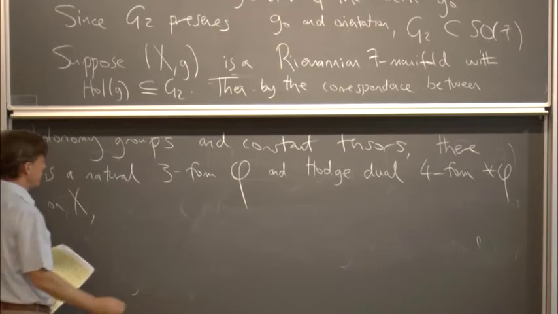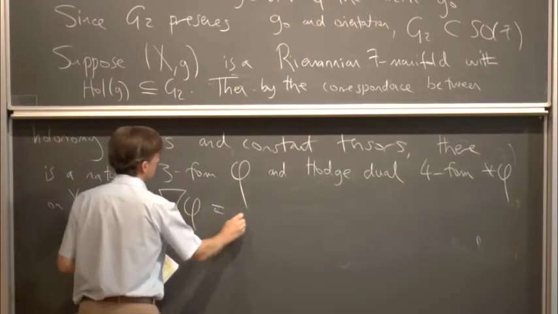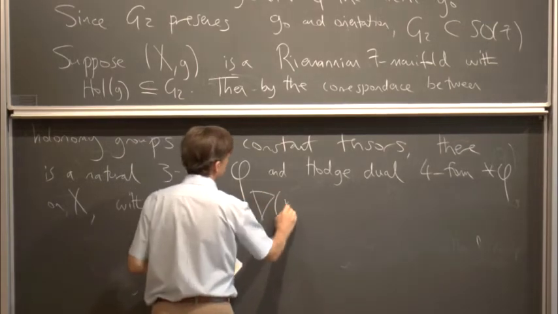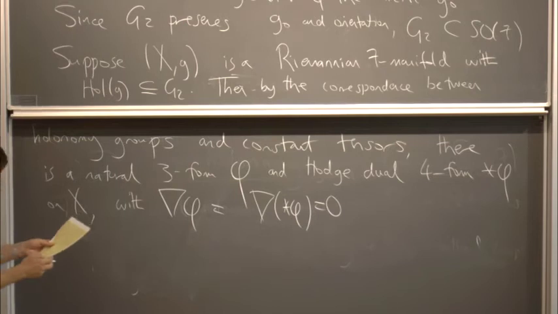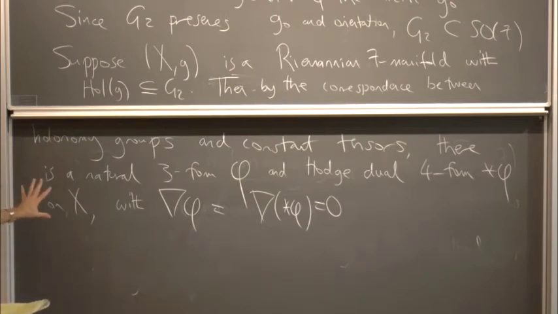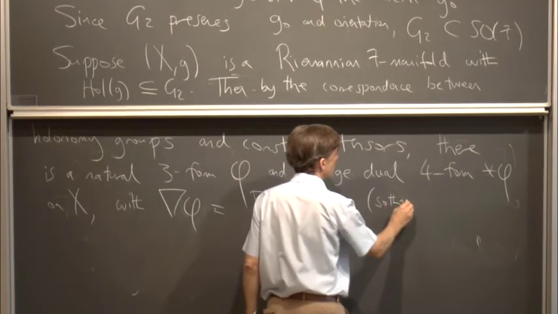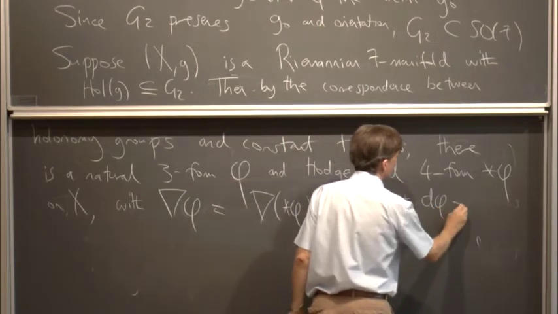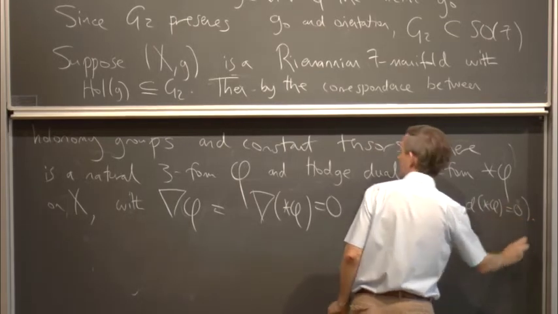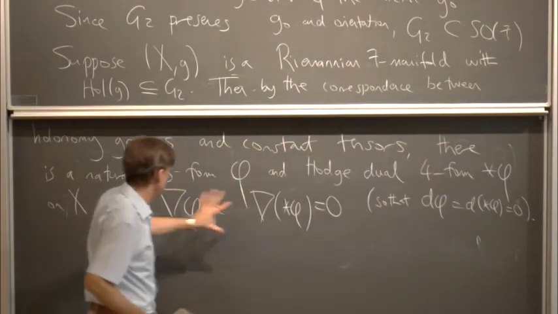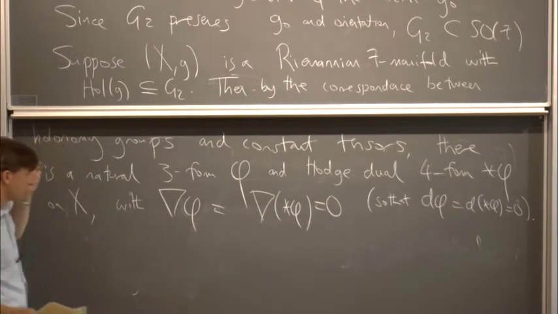And they're constant tensors, so they have nabla phi and nabla of star phi equal to 0, where nabla is the Levi-Civita connection of g, and it's worth noting that these imply that d of phi and d of star phi are 0, as the d of these things is just a component of the derivatives as nabla is torsion free.